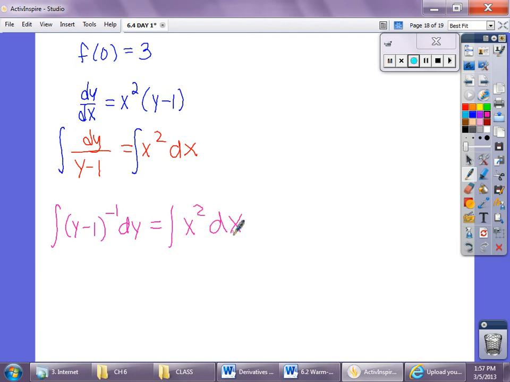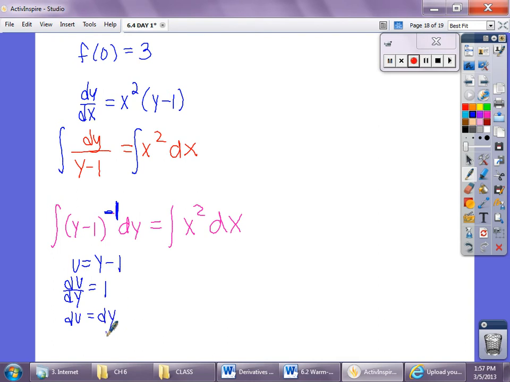On the left side, it should tell you that that's an ln problem. If you're having some trouble with this, use a u, and this is the reason it's ln, because it's negative 1 power. So I'll do the u substitution right here. U is equal to y minus 1. du/dy is equal to 1. Du is equal to dy.